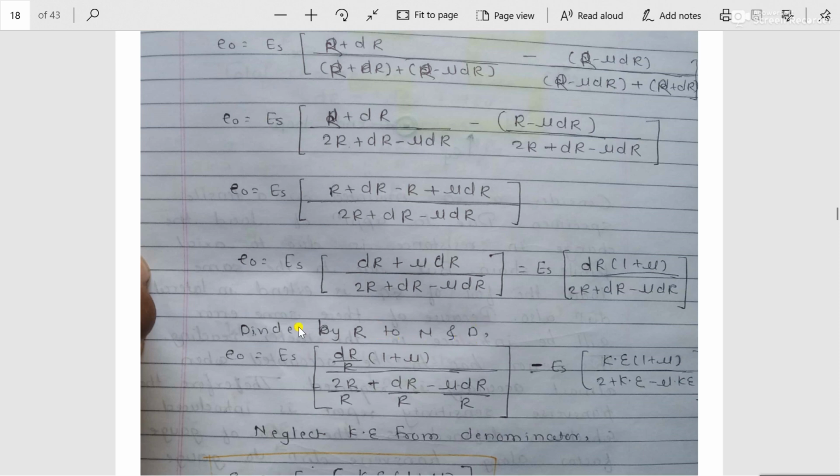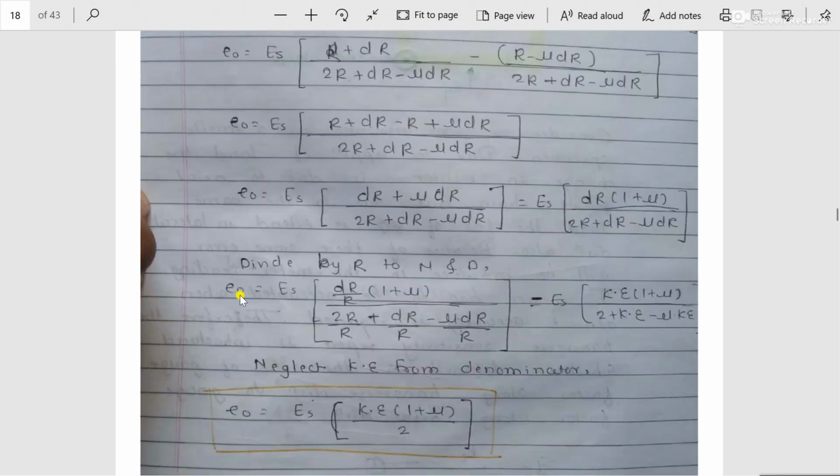So once again I have to divide by capital R both the numerator and the denominator. By dividing by capital R, the equation becomes E0 is equal to Es in bracket, at the numerator delta R upon R, 1 plus mu as it is, and at the denominator 2R upon R plus delta R upon R minus mu into delta R upon R. As we know that delta R upon R is equal to k into epsilon, I will write the equation in the form of k into epsilon, that is E0 is equal to Es in bracket k into epsilon in bracket 1 plus mu as it is.